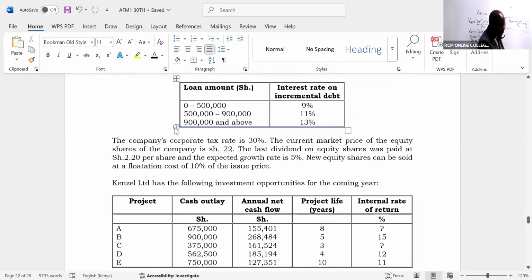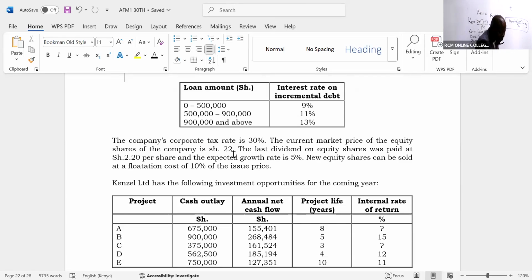So there is a paragraph here after the loans saying the company's corporate tax is 30%. The current market price of equity shares of the company is 22. So what is that to us? That is P0, the current market price per share, is 22. Then we continue.